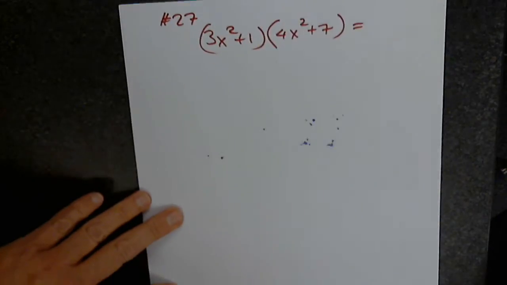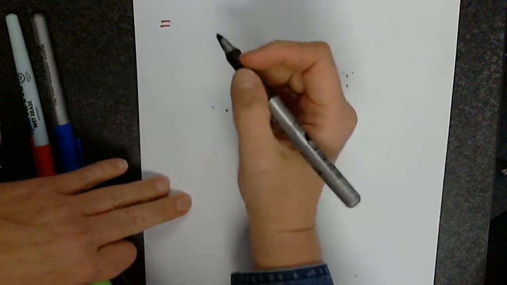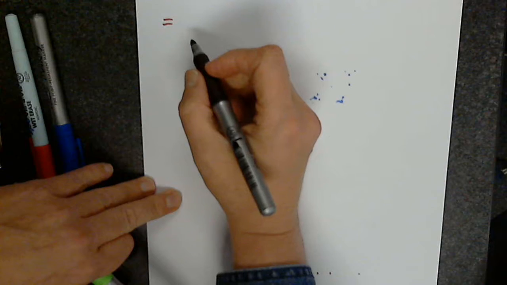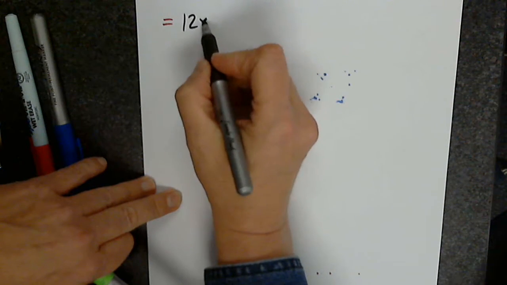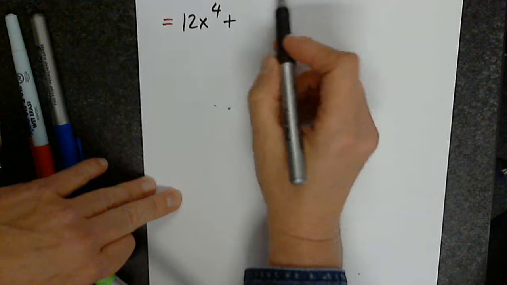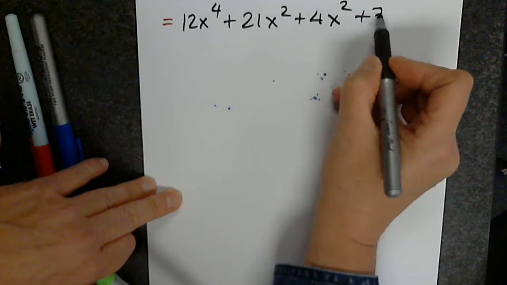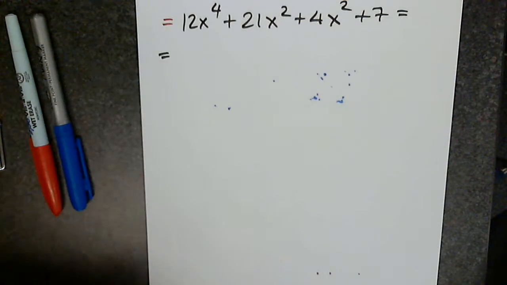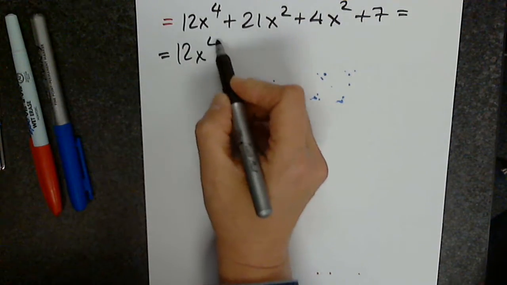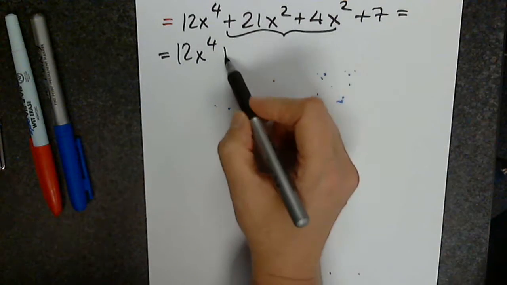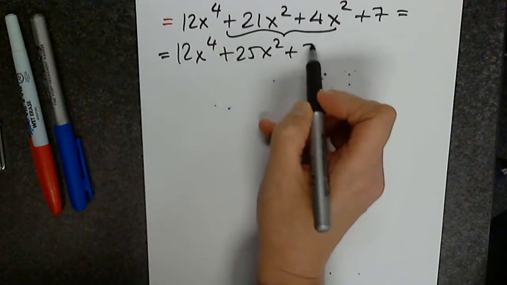I have to write it first as 3x squared times 4x squared plus 7. Perfect. Do you all agree with this step? So then 12x to the 4th, plus 25x squared, and plus 7.